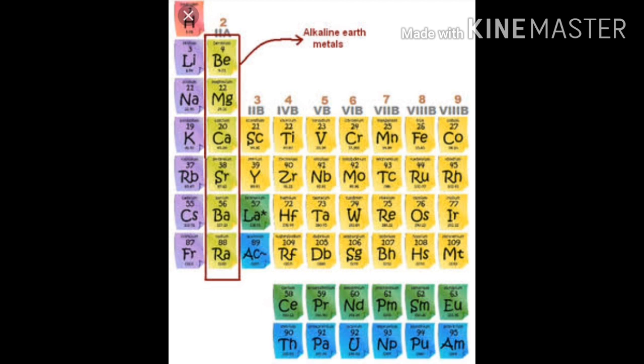Non-metals are present in the 14th, 15th, 16th groups of the periodic table. So ionic bond contains one metal and one non-metal.